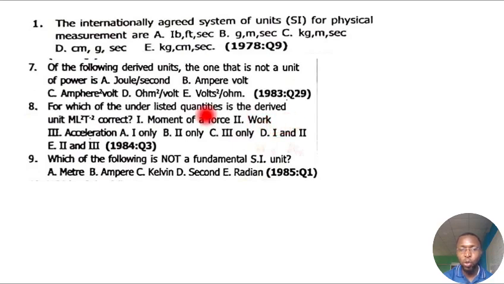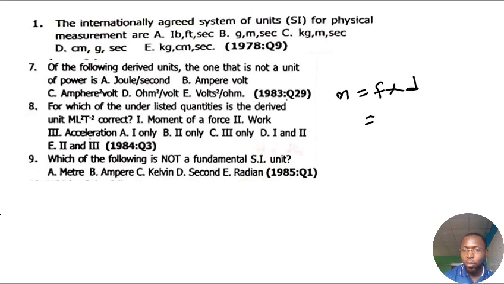So let us start with the first one, moment of a force. Moment of a force formula is force times distance. Okay, force times distance. Now, what is the dimension of force times distance? Let's quickly solve that. So moment of a force is force times distance, right?